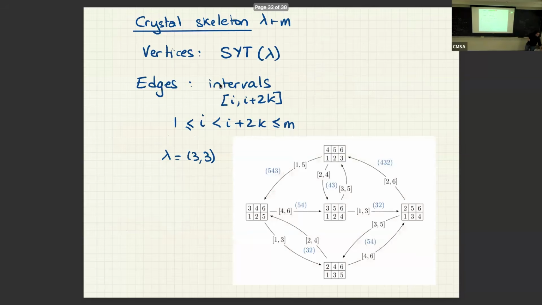Let me tell you what I mean here. For example, here my descent composition is 3, 3, and my interval is 1, 5. Here's my composition alpha.